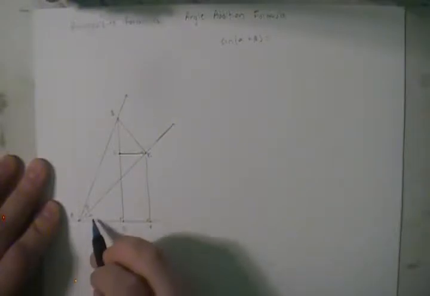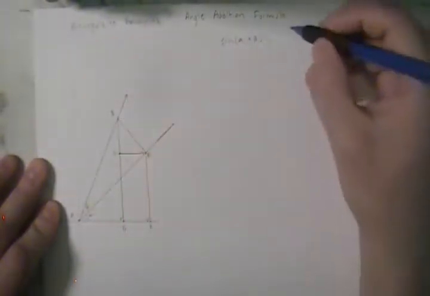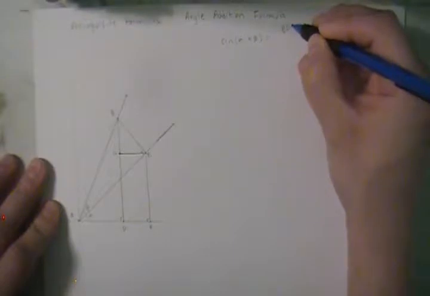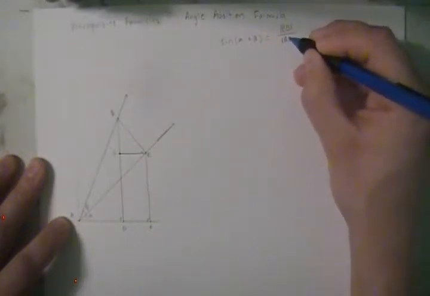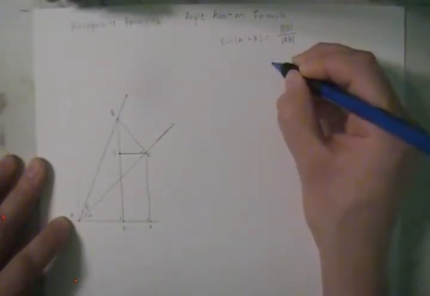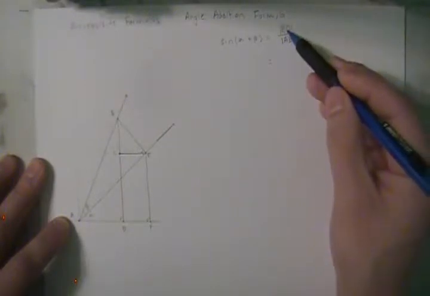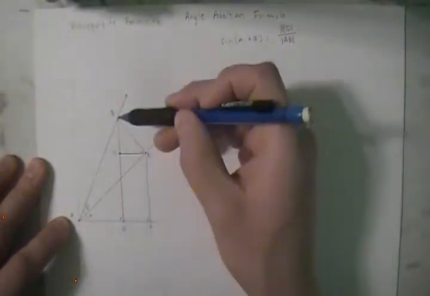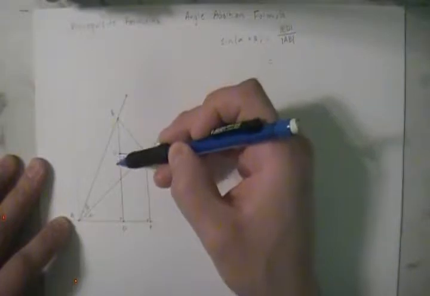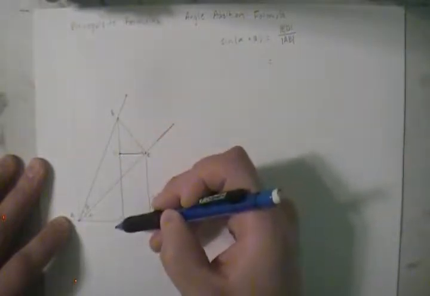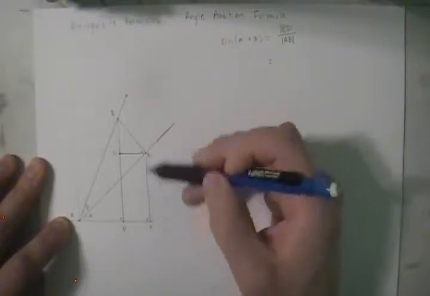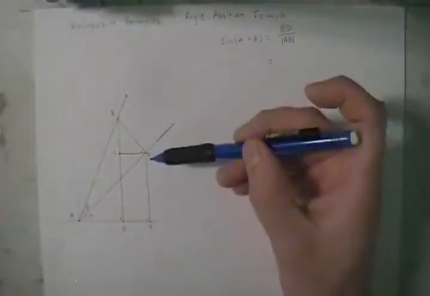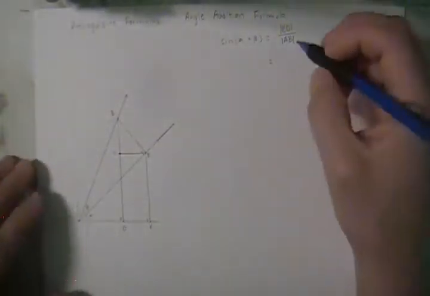Okay, so sine of alpha plus beta is the length of the line segment BD divided by the length of AB. And I can rewrite the length of BD as the sum of these two lengths here, BC and CD. And instead of CD, I'm going to use the length EF. I'm not going to do a full geometric proof, but EF is the same length as CD.